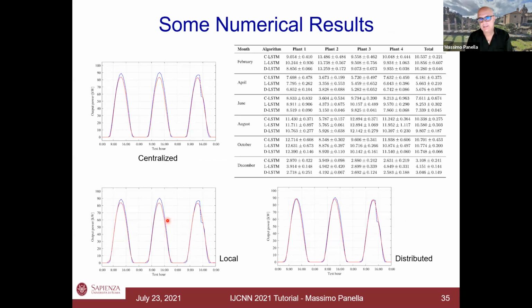And we proved that also in this case the distributed system is even better than the centralized one.